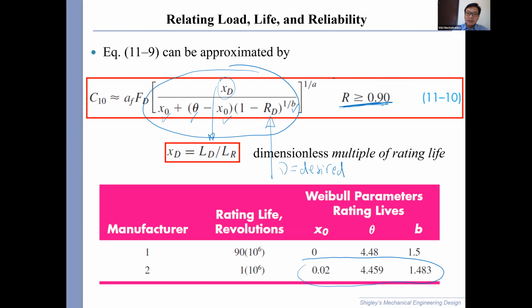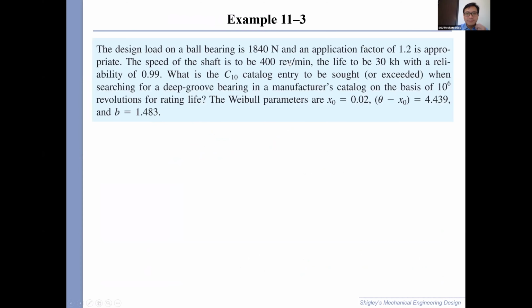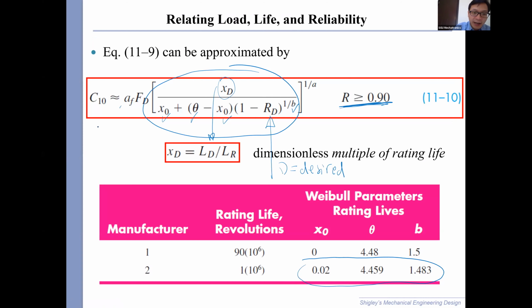So let's use this in the next example. This time we will want a different reliability. The design load on a ball bearing is given. An application factor of 1.2. I forgot to say something about that. The application factor AF is just a multiplier, similar to stress concentration.